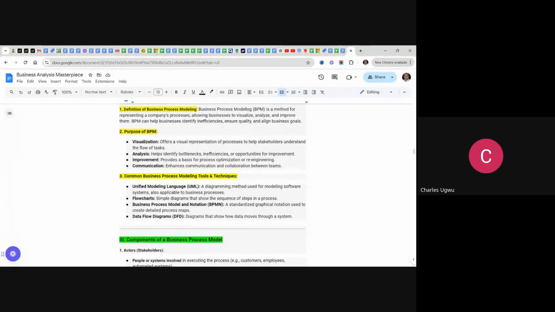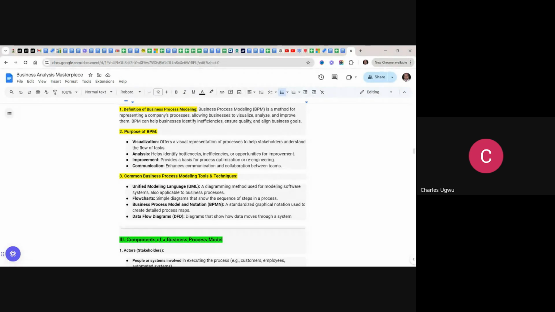Like every profession in IT, they have a way they communicate, and the major way we business analysts communicate is through the Unified Modeling Language. That is our language.